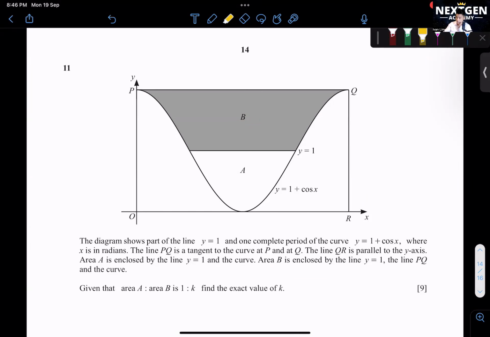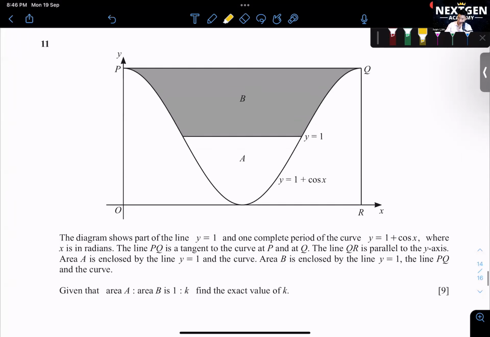If your final answer is k equals pi minus 1, most likely you get full marks already. So if your working is slightly different from whatever I wrote there, it's fine.